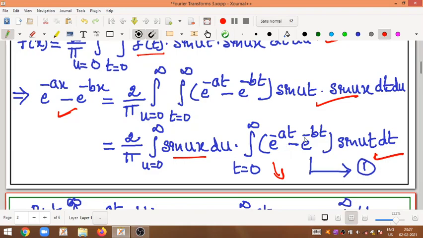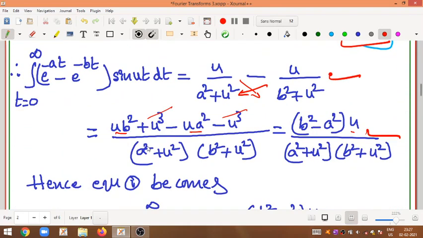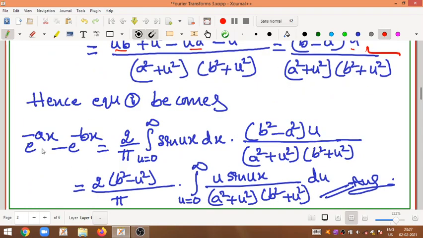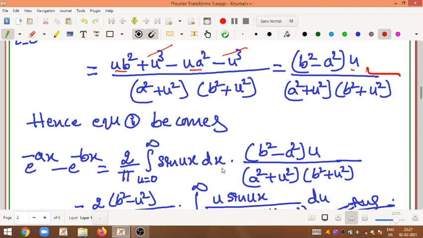So by substituting that value here, on the left side we have e to the power minus ax minus e to the power minus bx, which is equal to 2 by pi into the first term as it is, integral 0 to infinity of sine ux into dx. Next, the second term as it is: b square minus a square into u by a square plus u square into b square plus u square.